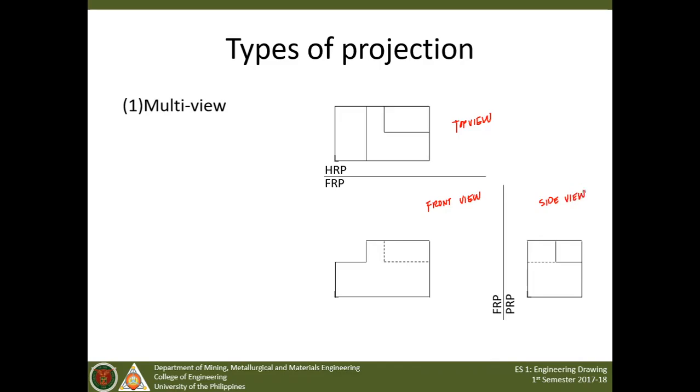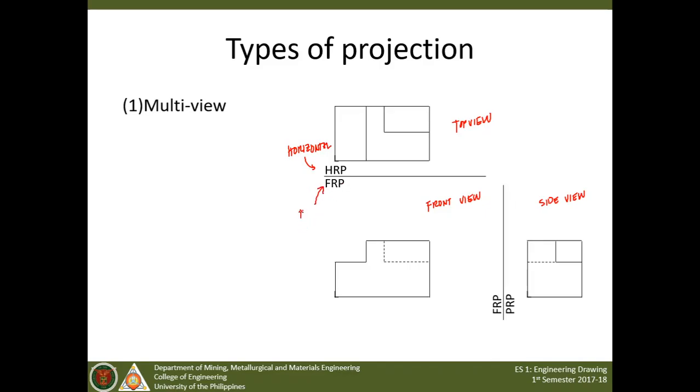Now, you can see that there are letters here. We have a line separating two views, and we also have a line here separating these two views. We call this top view your horizontal reference plane, HRP.